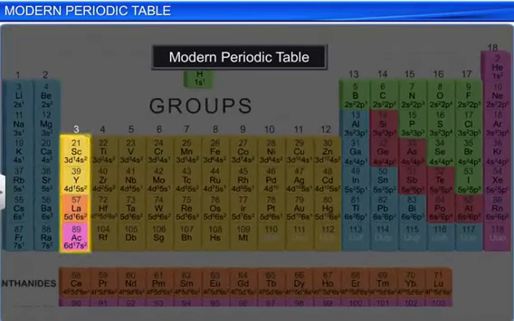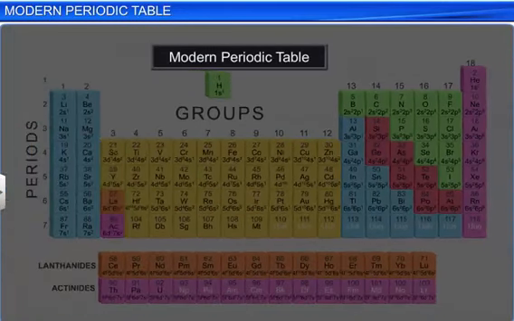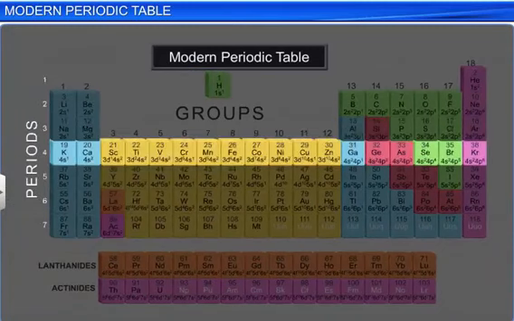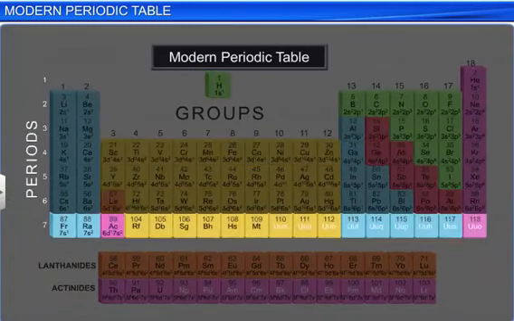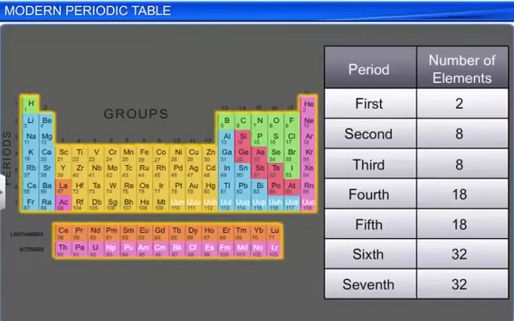It has a total of 7 periods based on the highest principal quantum number of the elements in that period. Each period contains specific number of elements as suggested by its principal quantum number.